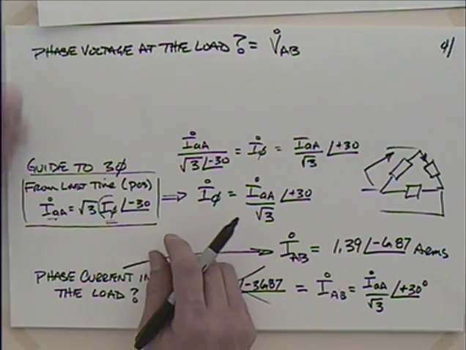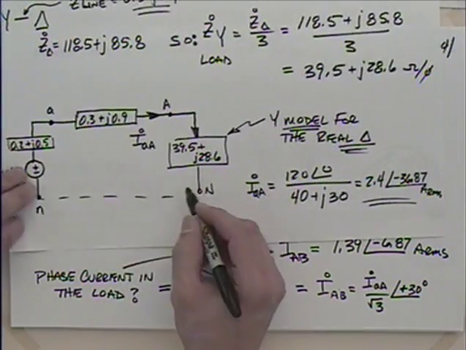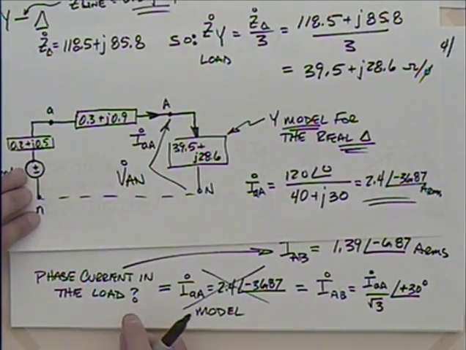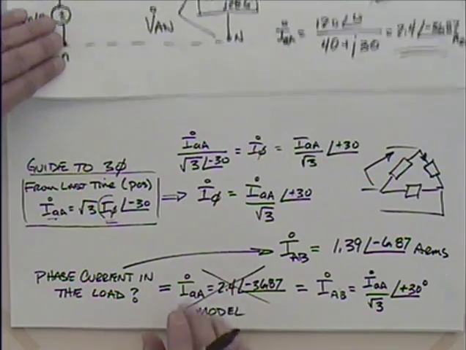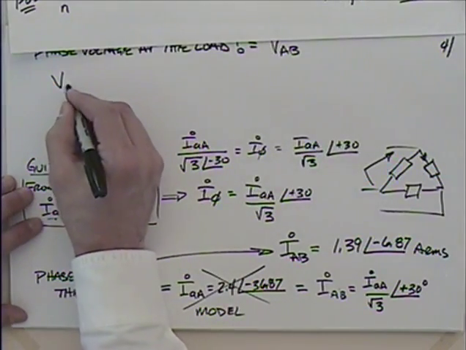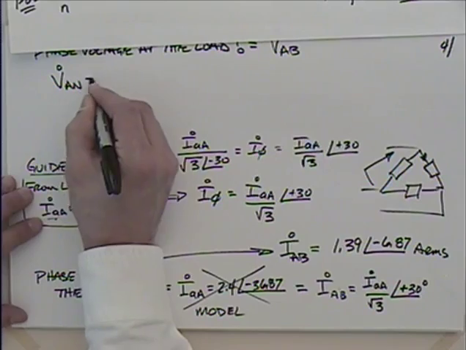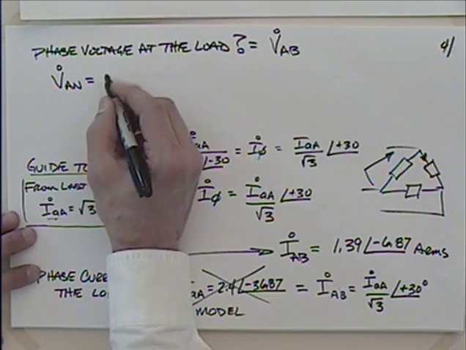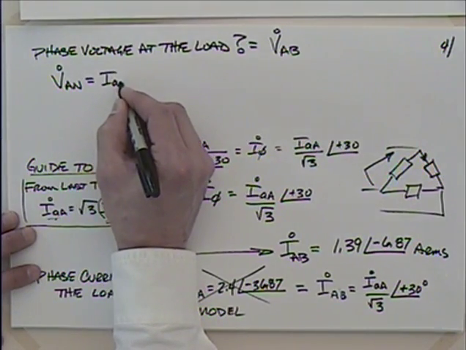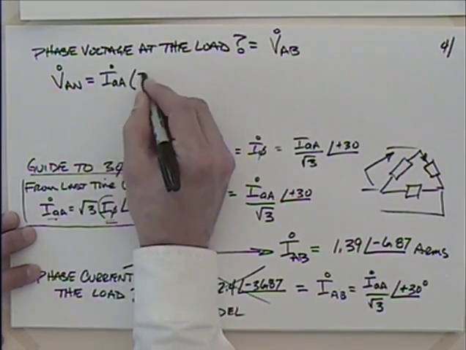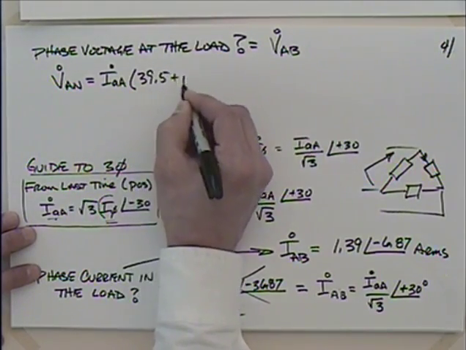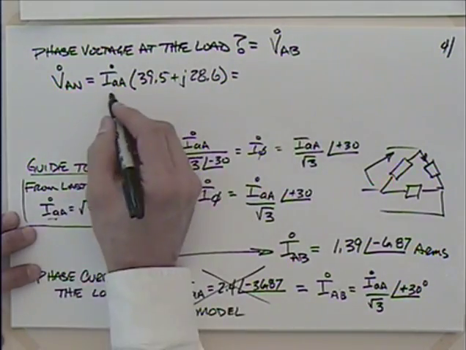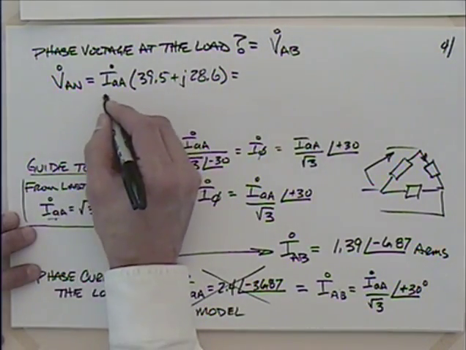So we could get VAN. If I go back to this diagram with the model, VAN is fairly easy, right? So I could say that VAN is equal to the current, IAB or AA, times 39.5 plus j28.6. So what does that current, that's 2.4.